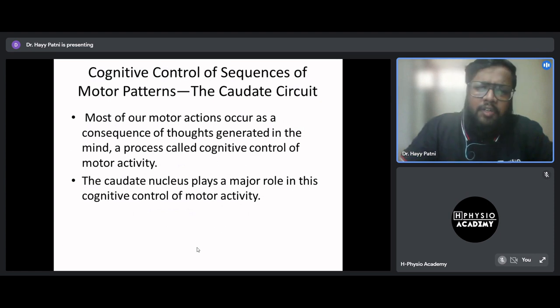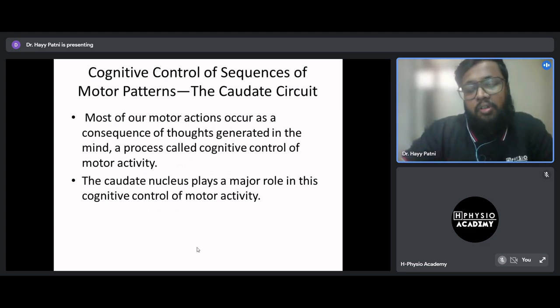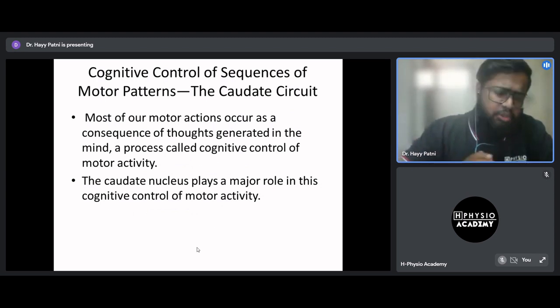So, cognitive control of the sequences of motor pattern. Last time when we discussed the functional anatomy, I had discussed how the caudate would be heavily involved in the cognitive control of the motor patterns we do. Most of our motor actions occur as a consequence of thoughts generated in the mind.